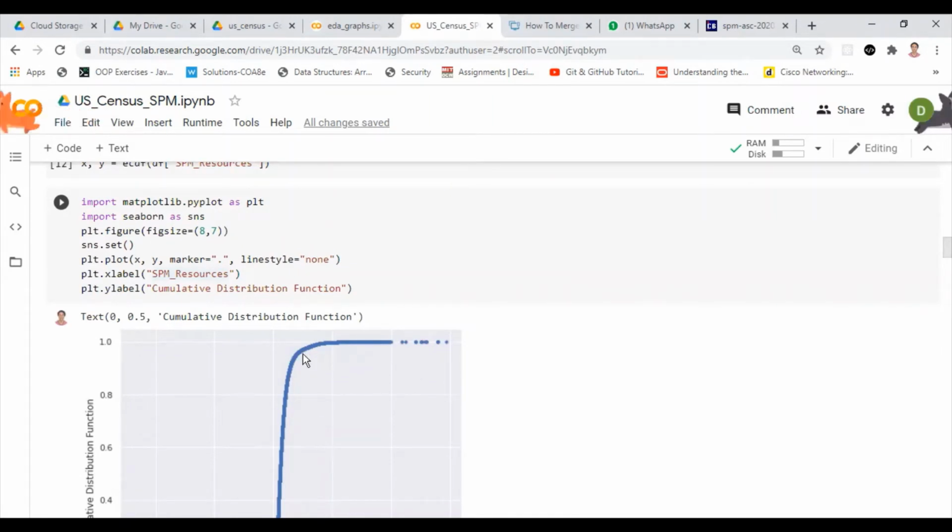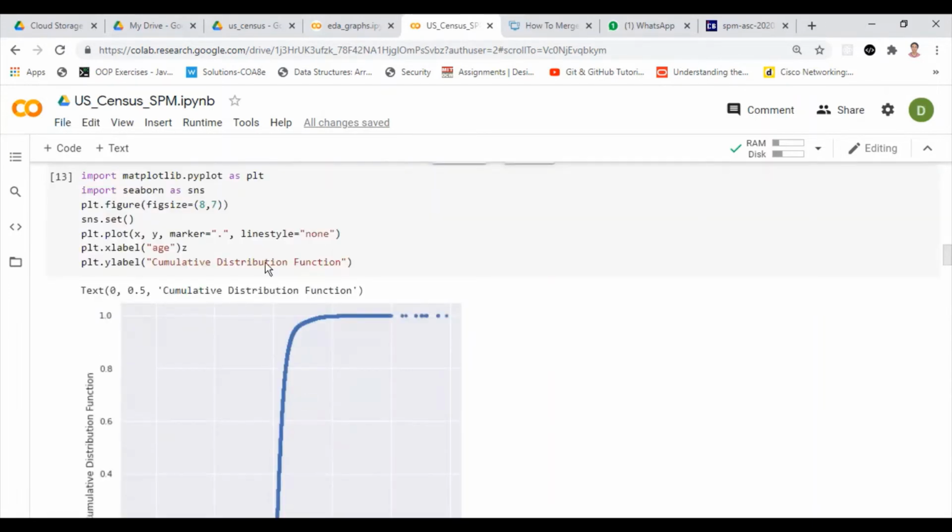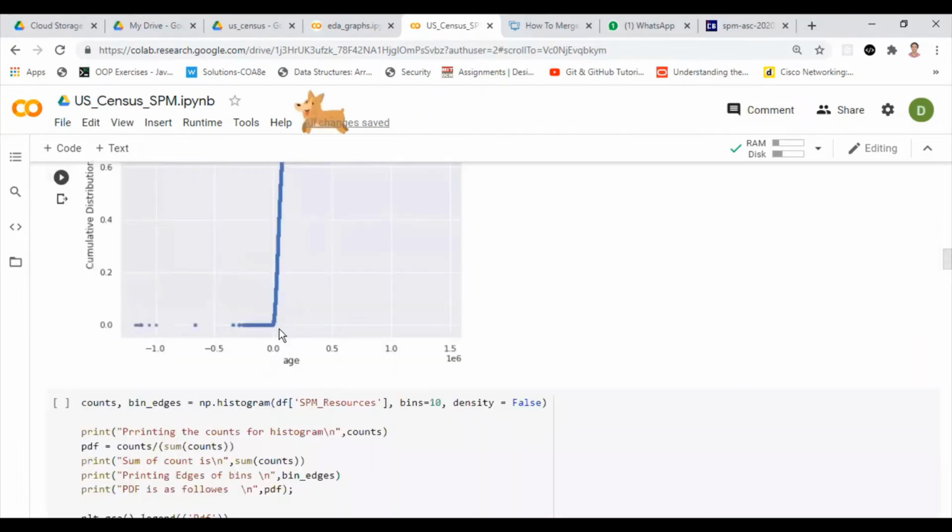Hence, we can't rule out anything at this stage. Again, with respect to age, it can be observed that it doesn't deviate much significantly from the normal distribution. So, again, more tests have to be performed to ascertain the distribution.